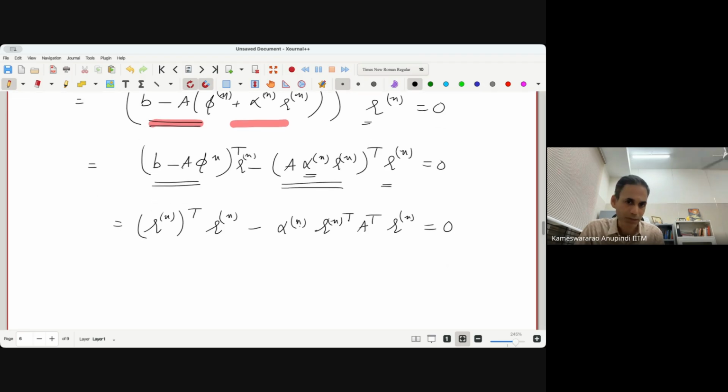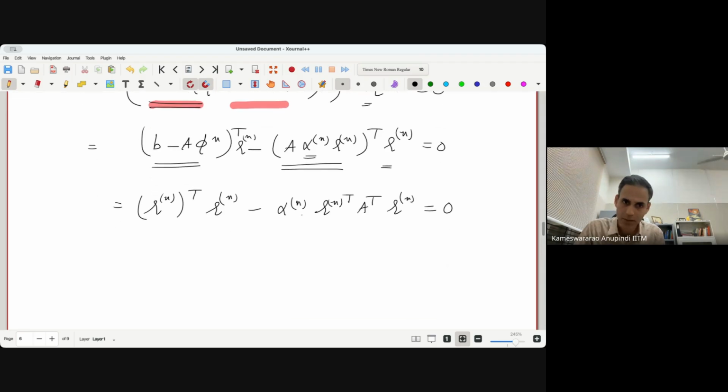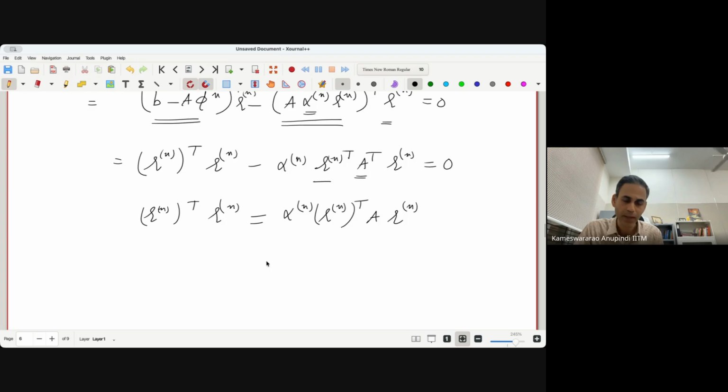That means I can write this as Rn transpose Rn minus alpha n Rn transpose A transpose Rn equal to 0. A transpose is equal to A because this is a symmetric matrix. If I send it to the other side, the minus will become plus. I want to calculate alpha n, the amount by which I should take a step in a particular direction Rn.